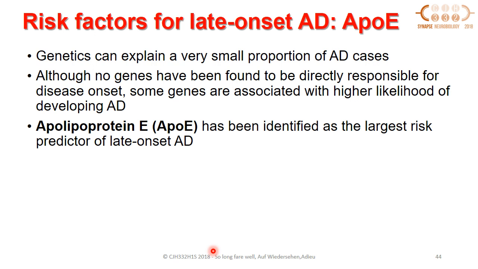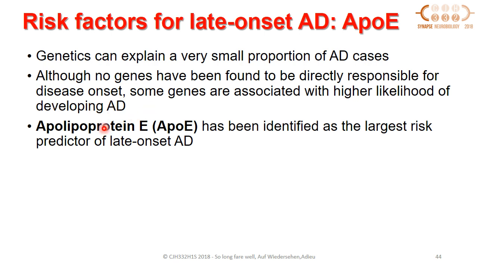So again, just to wrap things up a little bit in terms of Alzheimer's disease, the thing that you've probably heard the most of in terms of risk factors for Alzheimer's disease, outside of presenilins or outside of things that get inherited, are things like ApoE. And I'm sure you've heard of ApoE before. So these are not directly responsible for disease onset.